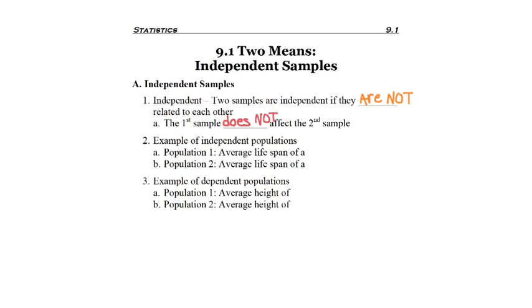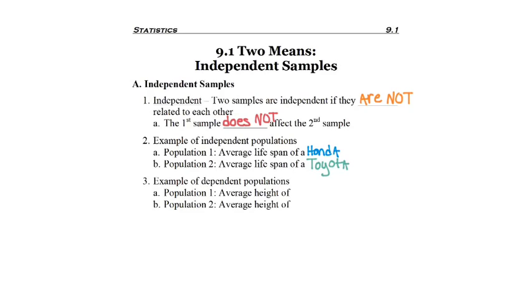And to further make sure you understand the concept, let's look at a couple of independent populations. For example, the average lifespan of a Honda vehicle should be completely independent of the average lifespan of a Toyota. So we're assuming that these are completely separate car companies not using the same parts.